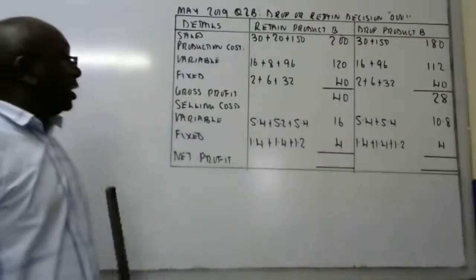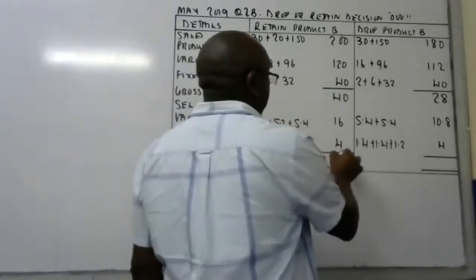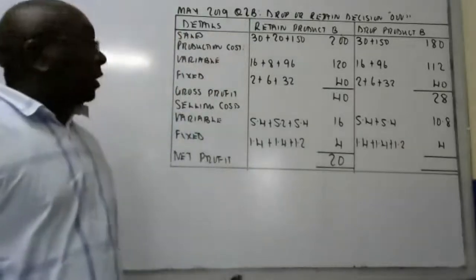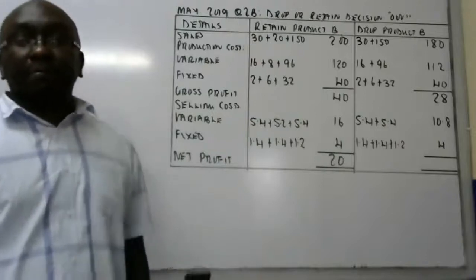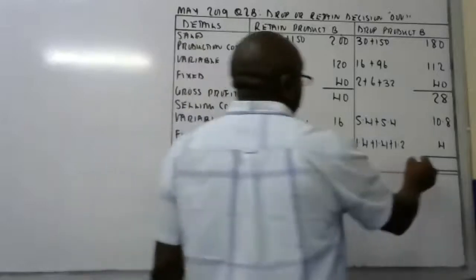For the first one, net profit is what? 20. The next one, what is the net profit? 13.2.